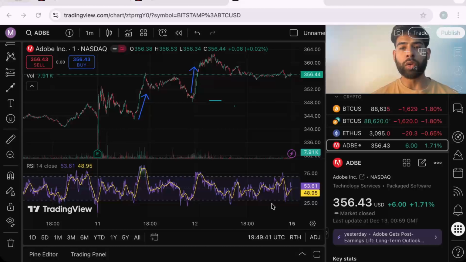So the call option: as you believe the stock would go up, you would buy a call option, and that gives you the option to buy the stock. Doesn't mean you're actually buying the stock. So with that option, you're potentially going to be making a lot of gains if it does move in your intended direction. For instance, Adobe's at 356, I'm expecting it to go to 380, for example.